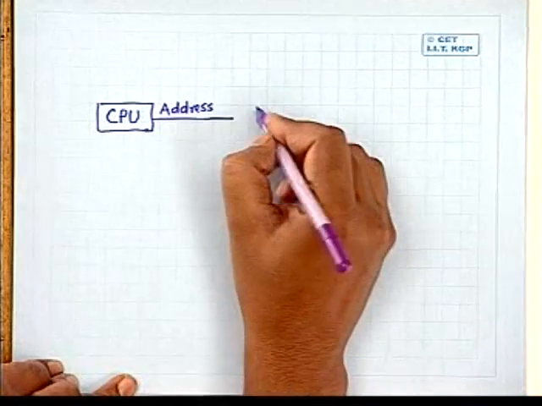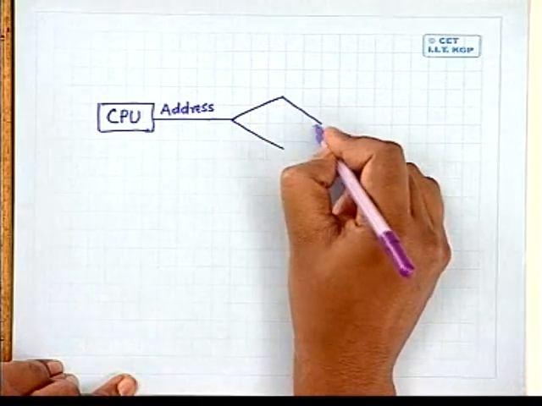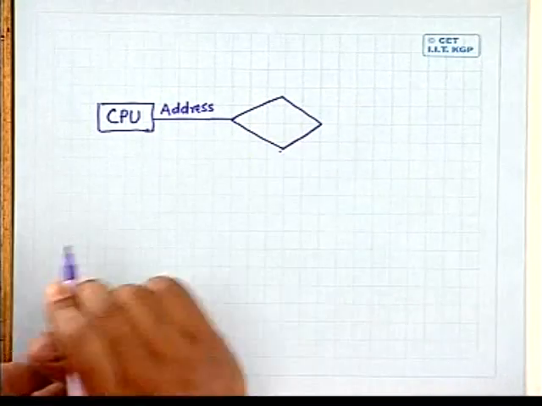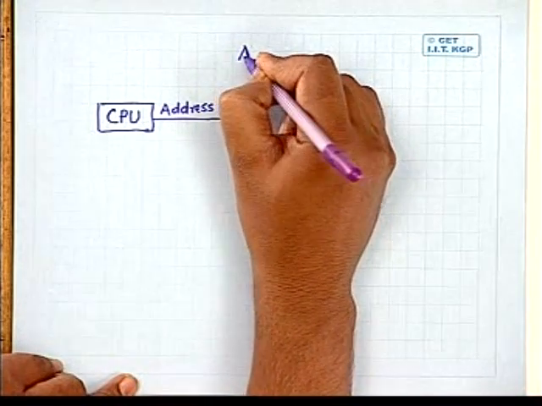The address will be fed to a comparator. The other input of the comparator will be the fence address.